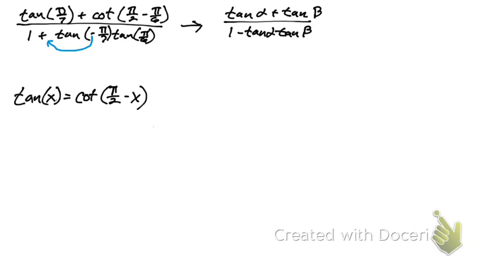So tangent of x equals cotangent of pi over 2 minus x. Well, that's right here. We have that cotangent of pi over 2 minus that pi over 6. So you can take that pi over 6 and plug it in there. And so this is actually tangent of pi over 6. So your beta would be that pi over 6.